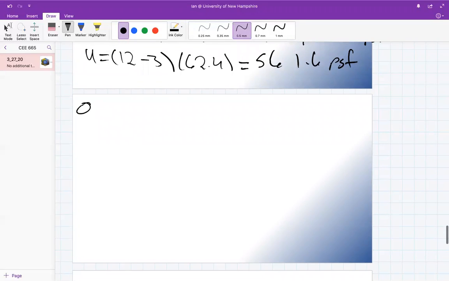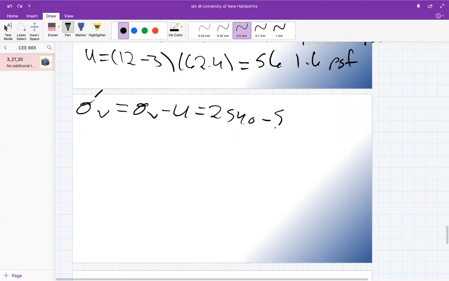And continuing, now we're going to find our effective vertical stress, which is going to equal sigma v minus u. So we just have 2540 minus 561.6.